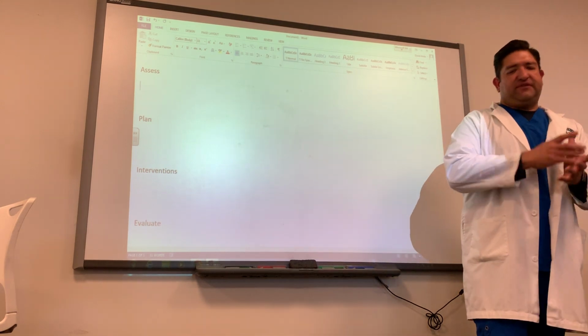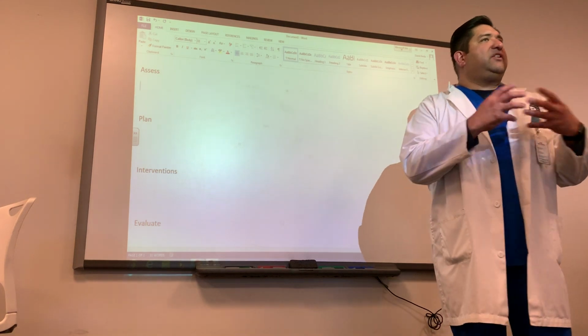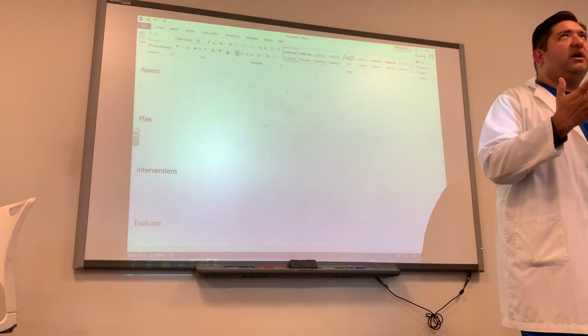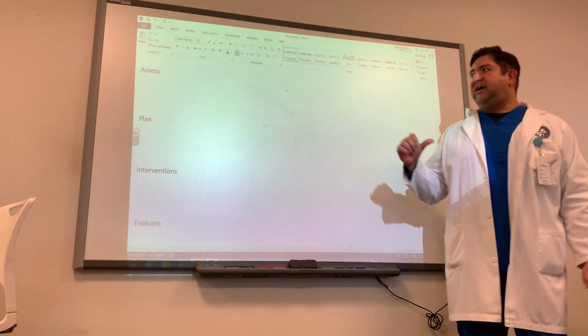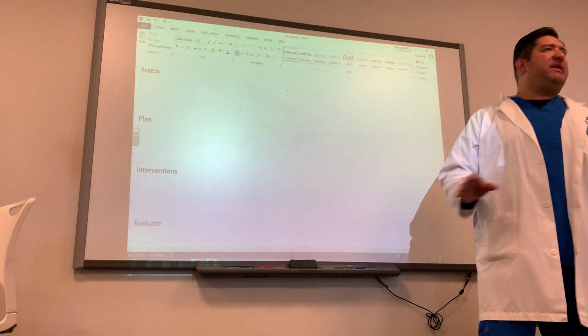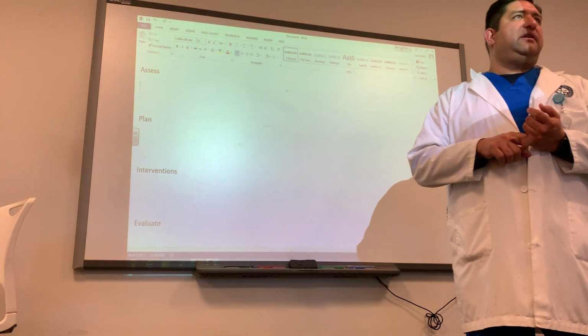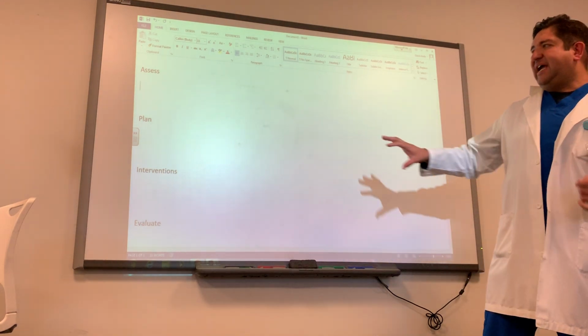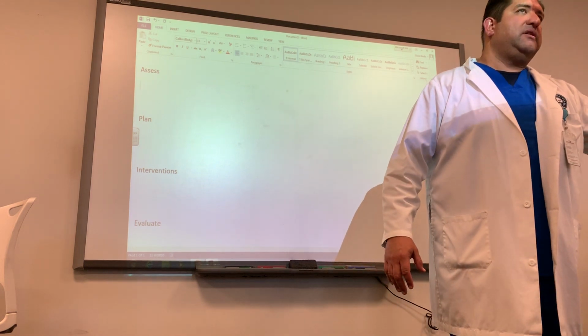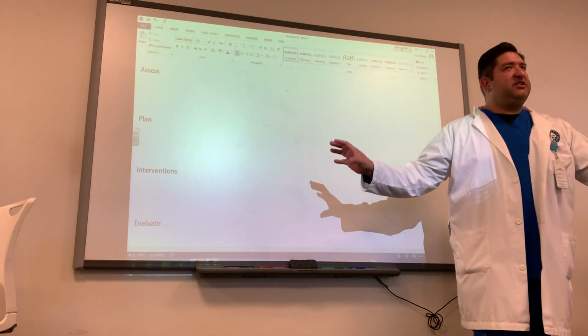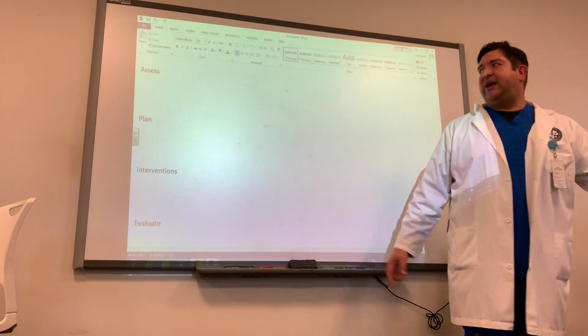And that process in the first 24 hours, 36 hours, is gonna hopefully allow the patient to get better, okay? So when we're talking about this, this is also kind of maybe known as ADPI, okay? I learned it a little bit more like this. It is pretty much the same thing. But we need this foundation to be able to do our care plan. So that's why I'm going this route.